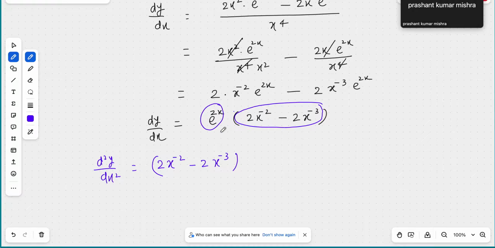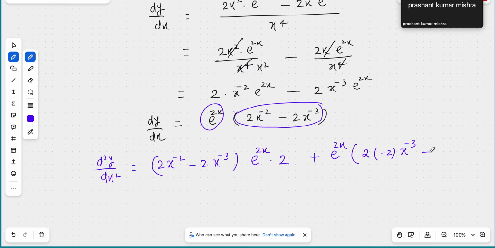So one term is taken out and the derivative of e raised to the power 2x is e raised to 2x times 2, which will be 2. Then we have a plus sign, and then e raised to the power 2x is taken out and it's easy to differentiate it. So this 2 will be there as it is. This is going to be minus 2 and x raised to the power minus 3, with n minus 1 as the power.